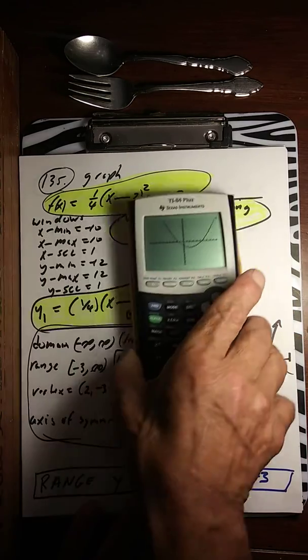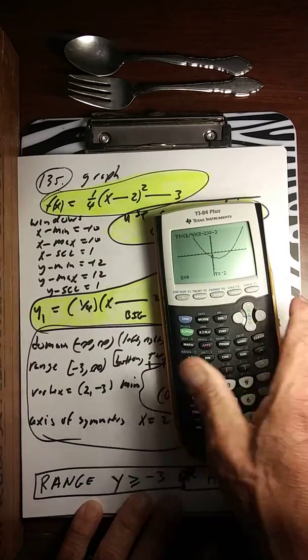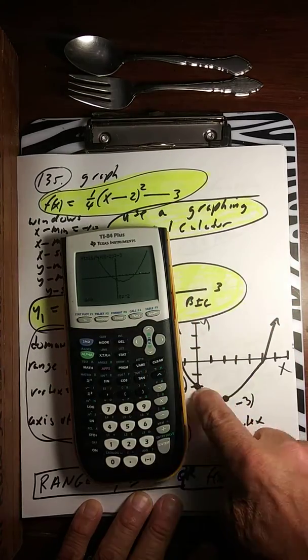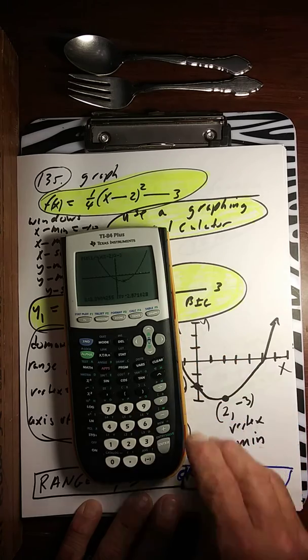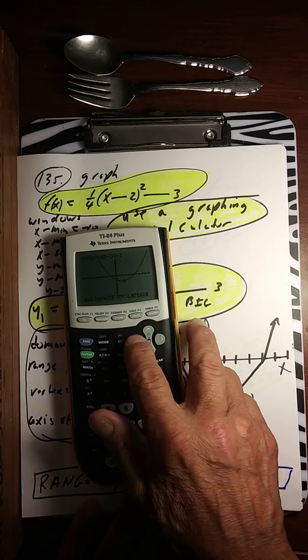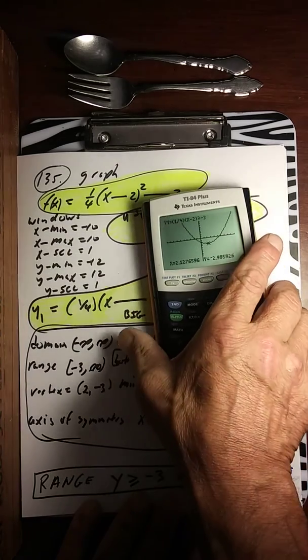Okay, it looks like it goes right there somewhere. You can do a trace if you want, get some other points like 0, -2, so on. You can get the vertex if you want, get in there close to it, like 2 and -3.